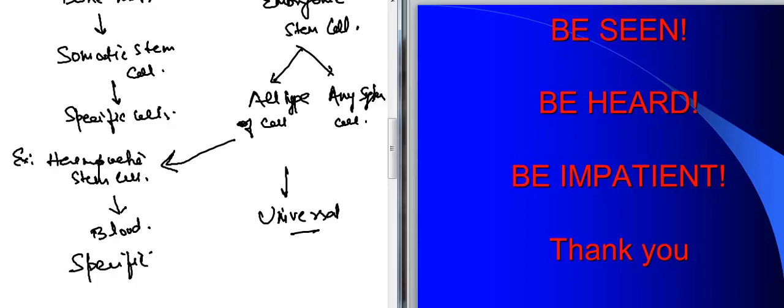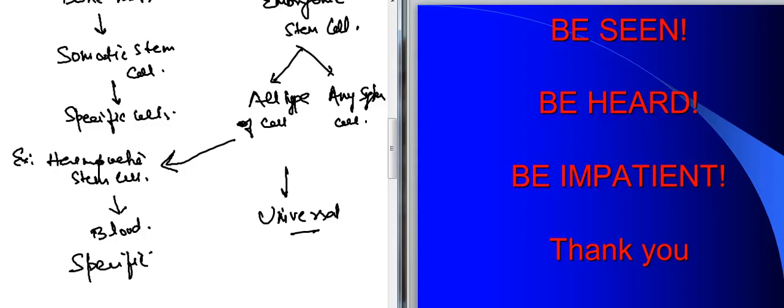So now we have understood two things: stem cells are found in the human body, and we can take them at the embryonic stage or from bone marrow. The stem cells present in bone marrow are specific for the organ. If something happens in the digestive system, the cells which make up this system also have stem cells, and any further problem in the future gets replaced by those stem cells present in bone marrow.